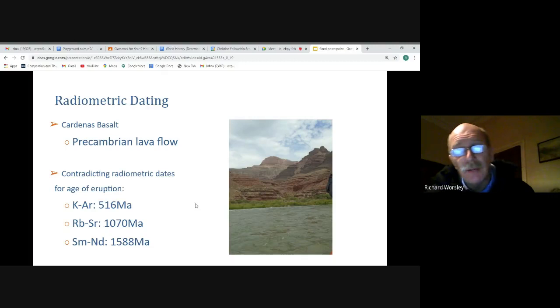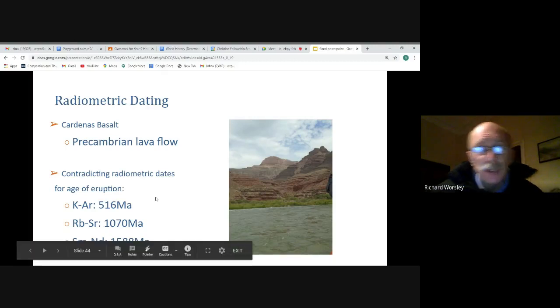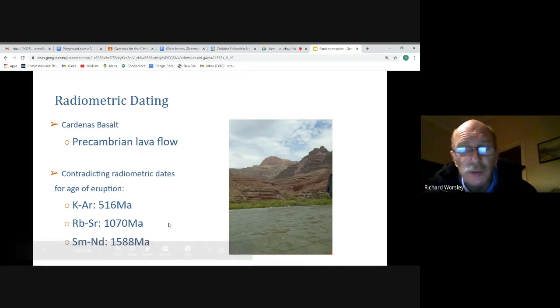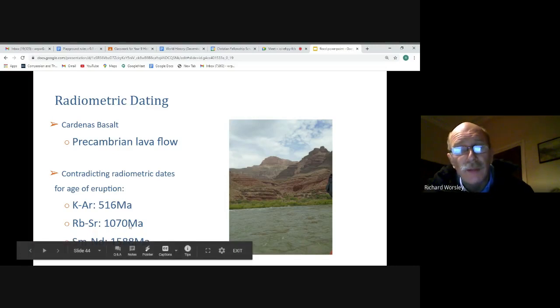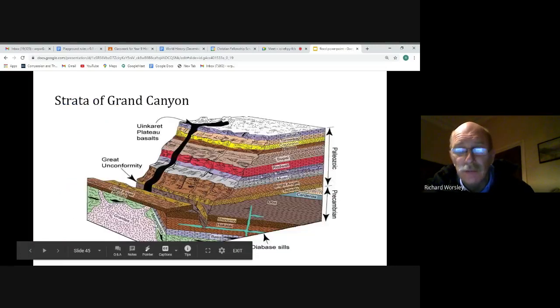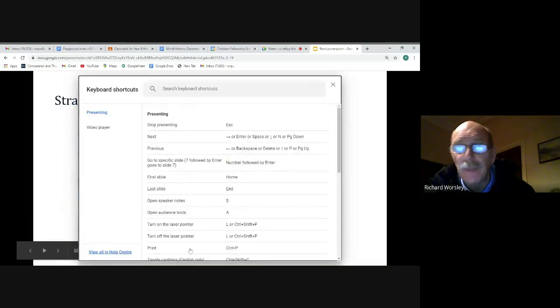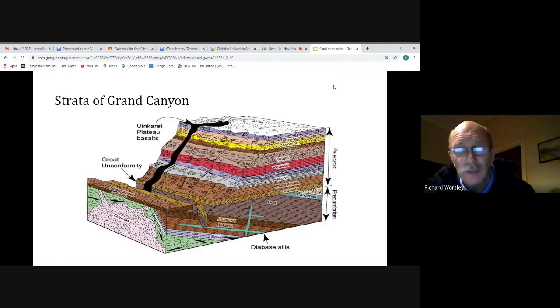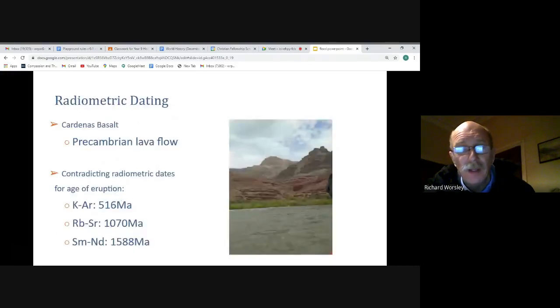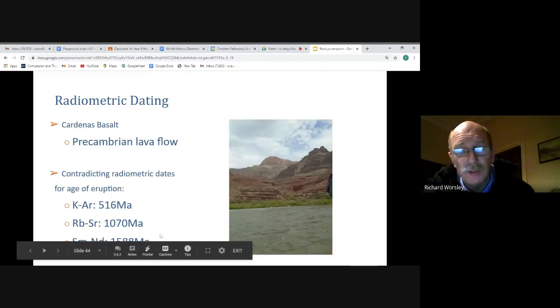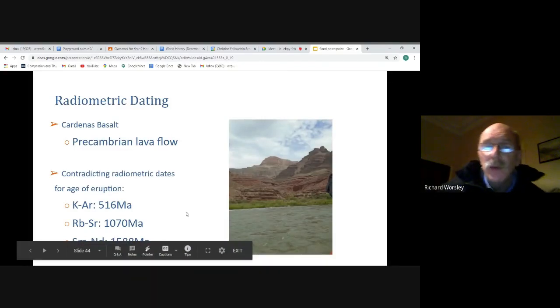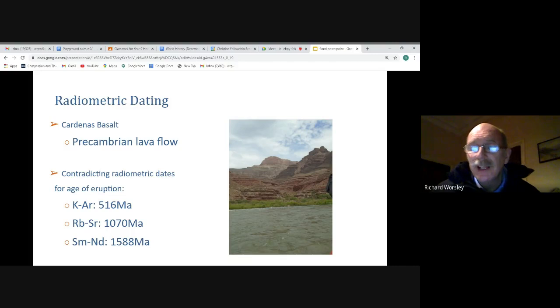And the dates you have variously for that, using the potassium-argon method, you have 516 million years. The rubidium-strontium method, it's 1,000 million years. And the last one, I can't now remember what that is, but I'm sure it's quite an exciting set of elements. That one is 1,500 million years. So it's clear they don't all agree with each other, which is a bit disturbing.